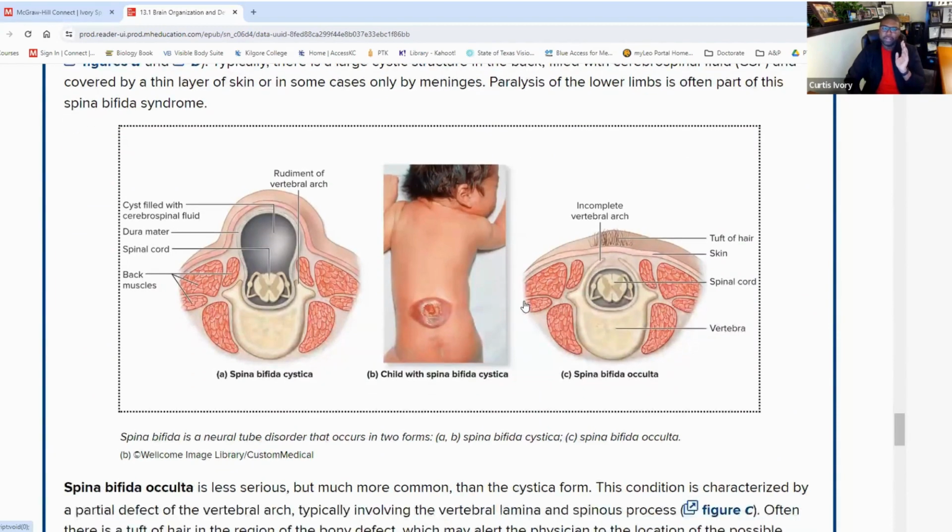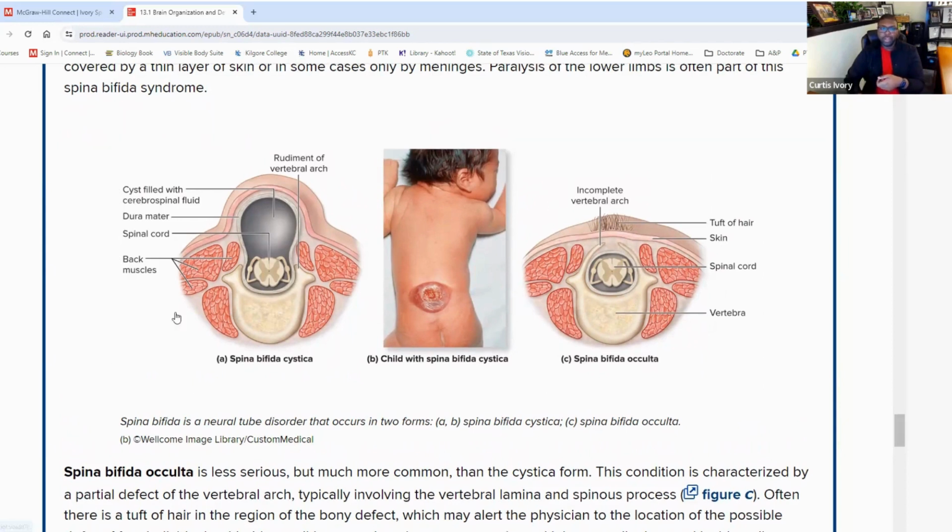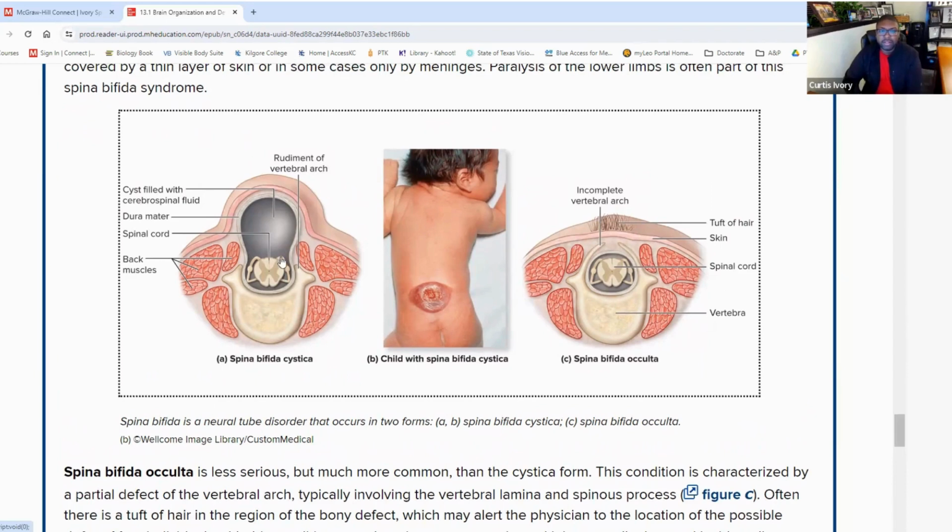So spina bifida is essentially where the mother doesn't take vitamins, or the mother is lacking in vitamins, more specifically B9 and B12, I believe. If we take a look here, we can see this is a transverse cut of the child's back.